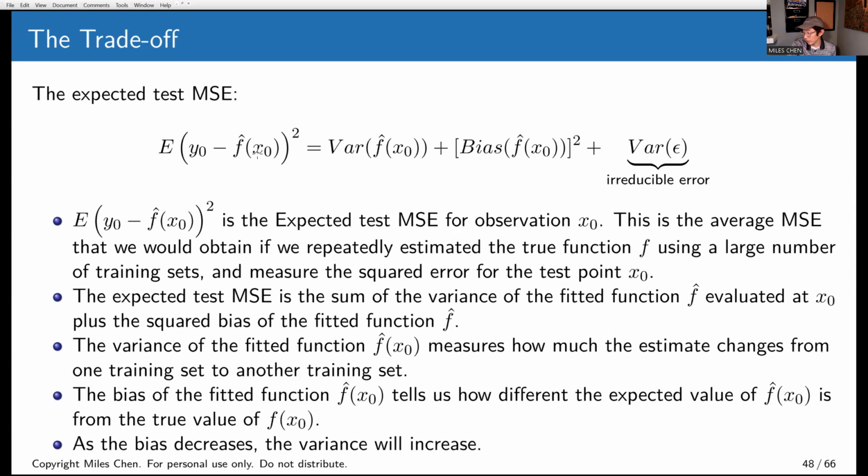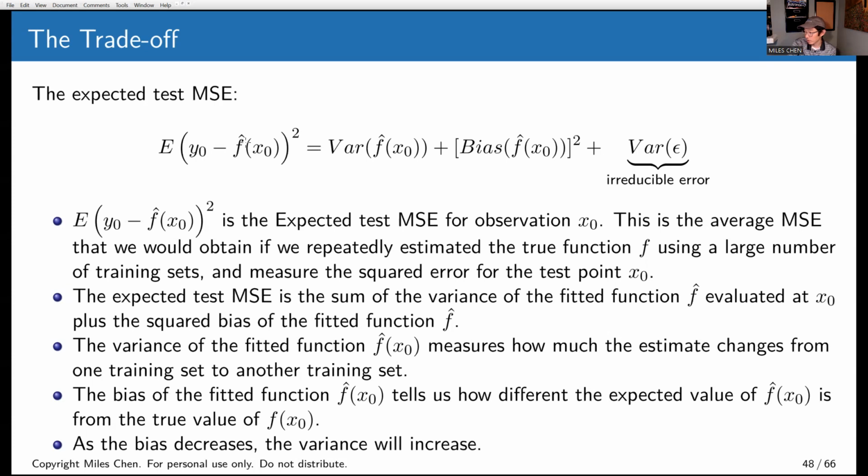So this is the average mean squared error that we would obtain if we repeatedly estimated the true function using a large number of training sets, and measured the difference between our predicted value and the actual thing.